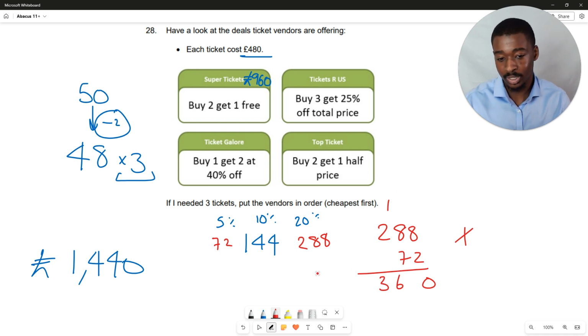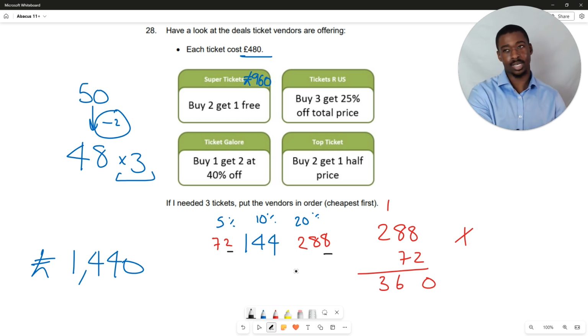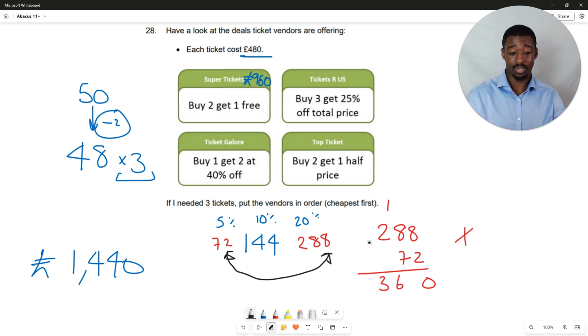Or we could say that 288 plus 72, well, we already have the convenient 8 and 2 giving us 10. So really it's just 280 plus 70 plus 10. So 280 plus 70, 350. 350 plus the 10 because we have the convenient 8 and 2. How convenient. Gives us 360.